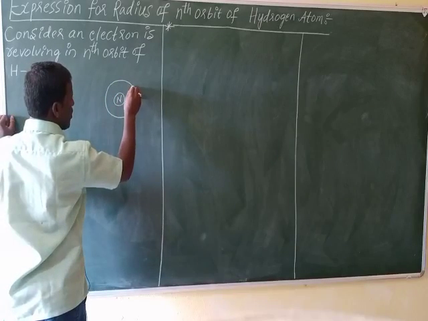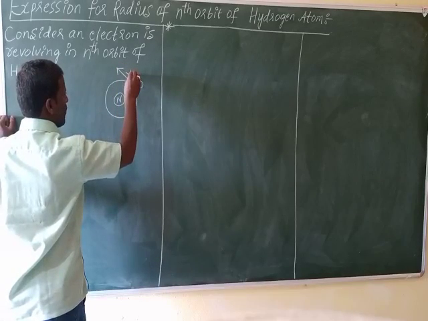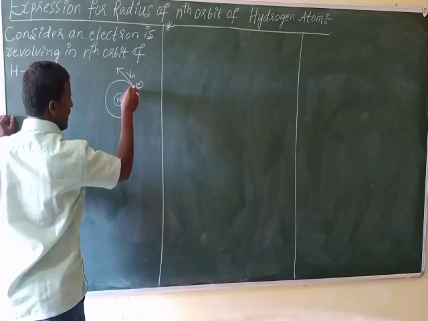Here the electron is revolving, with velocity Vn, and this is Rn.